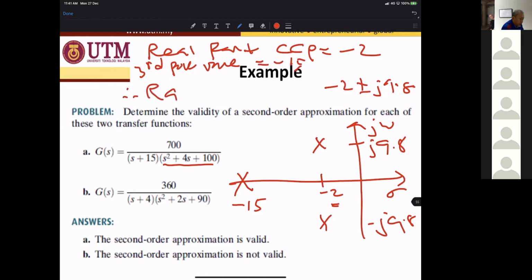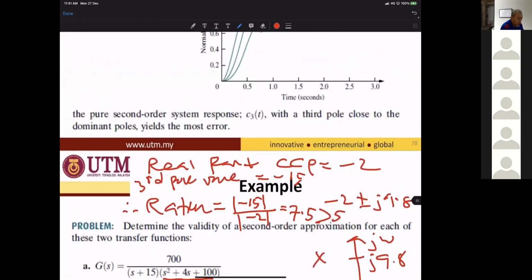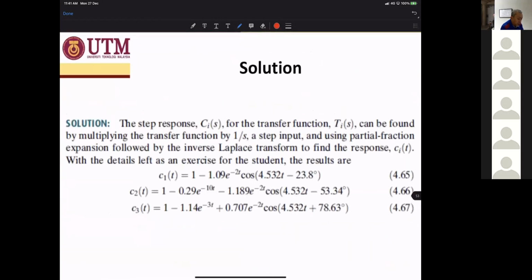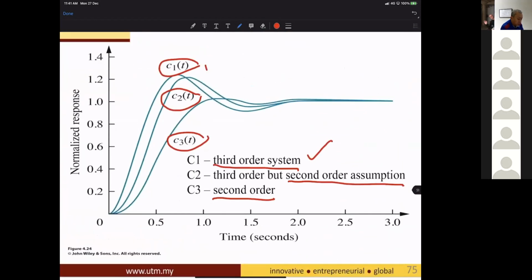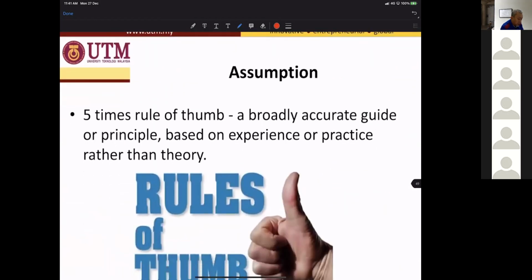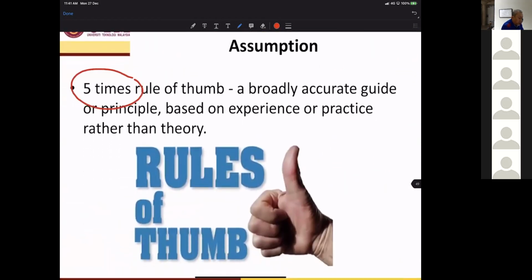So the ratio, -15 divided by -2, how much? 7.5, which is greater than 5. So if greater than 5, meaning that we use the rule of thumb just now, so we use 5 times.